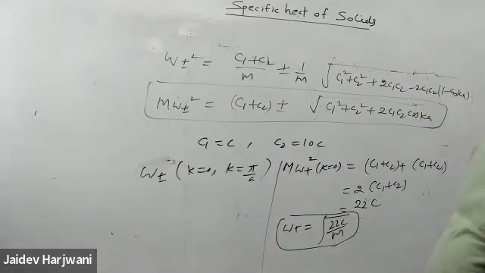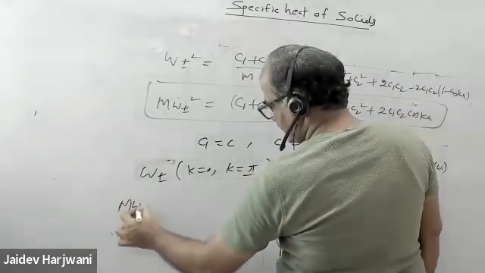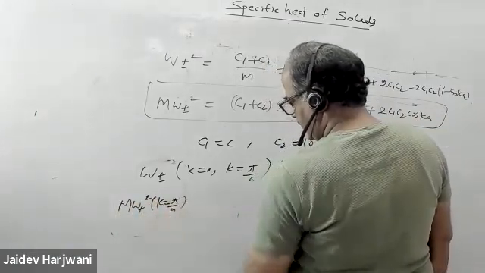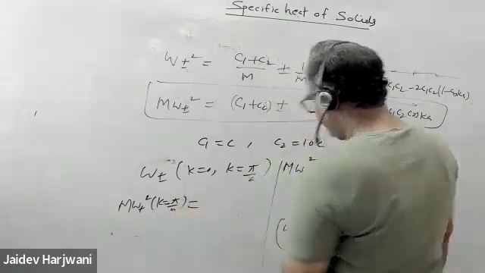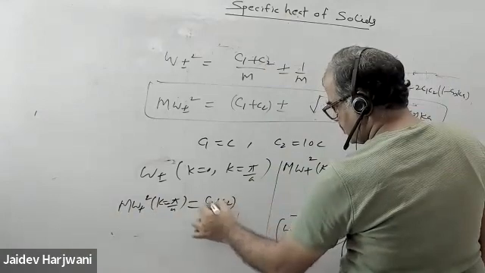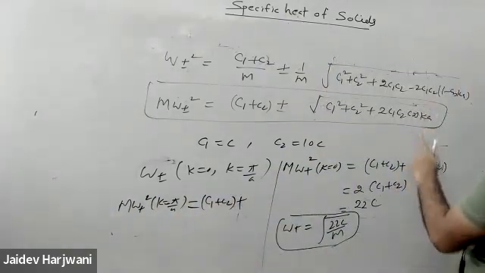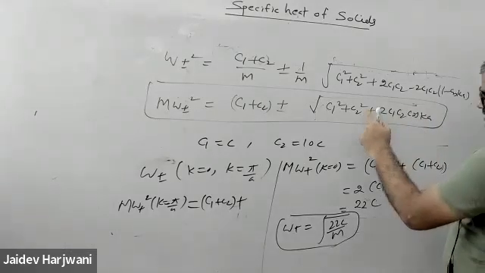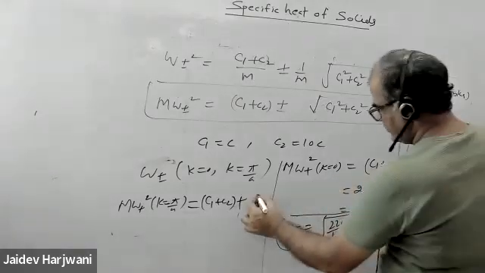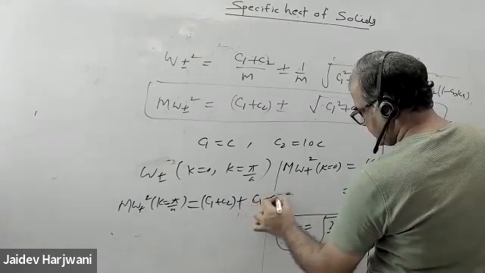Similarly, if I calculate m omega plus square at k tends to pi by a, then what will come? This term is C1 plus C2. So C1 minus C2. This becomes minus, so instead of C1 plus C2 you'll get C1 minus C2, C1 minus C2, C1 minus C2.